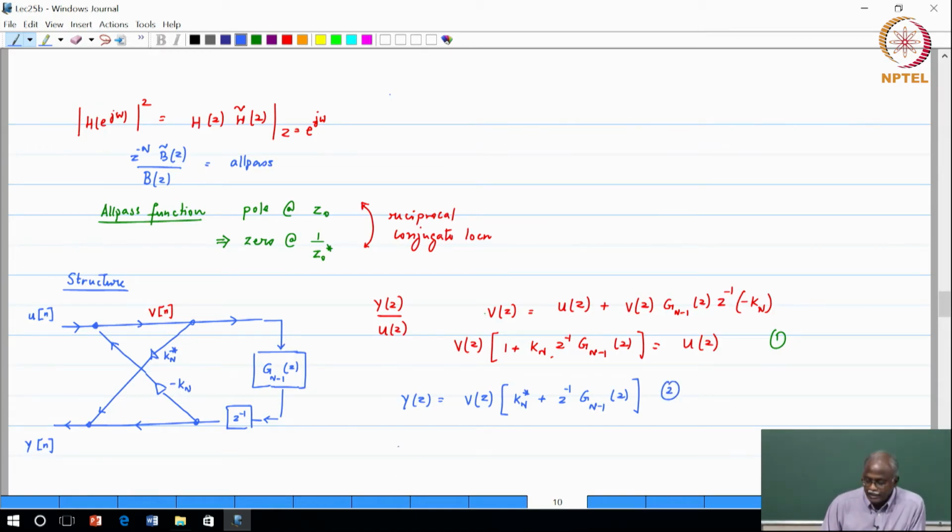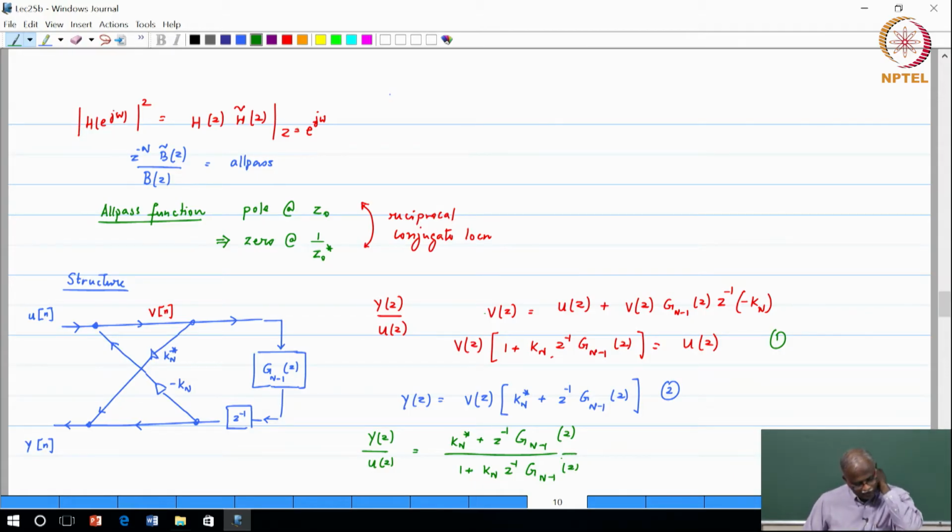So between equations 1 and 2 we have essentially the representation that we are looking for. So y of z by u of z can be written as k n star plus z inverse g n minus 1 of z divided by 1 plus k n z inverse g n minus 1 of z.